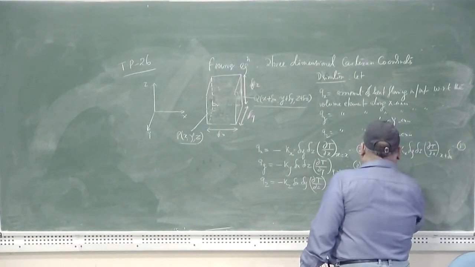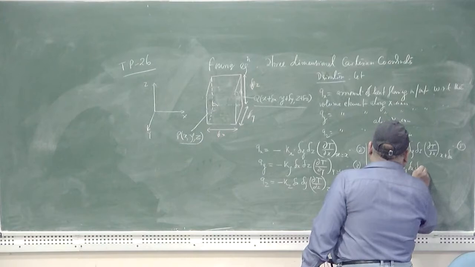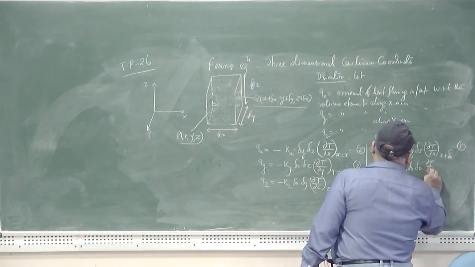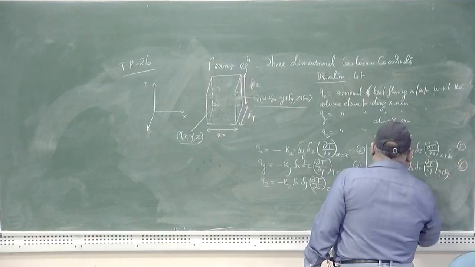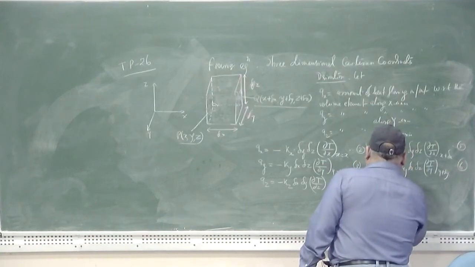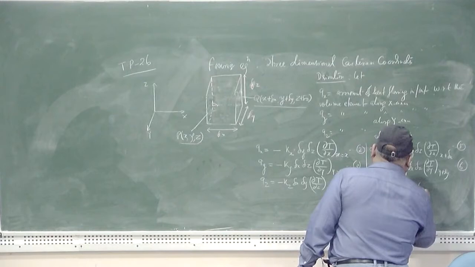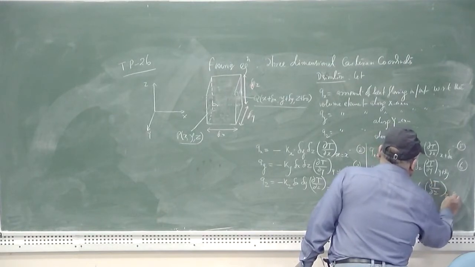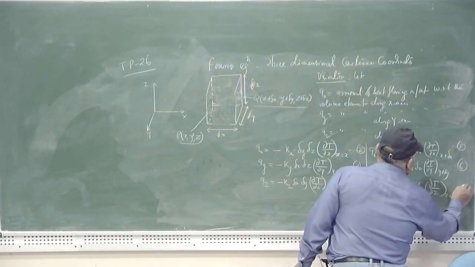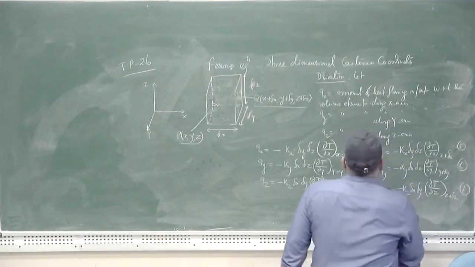Similarly, Qy plus delta y is equal to minus Ky delta x delta z delta T by delta y at y equal to y plus delta y, equation number 6. And similarly, Qz plus delta z is equal to minus Kz delta x delta y delta T by delta z at z equal to z plus delta z, equation number 7.